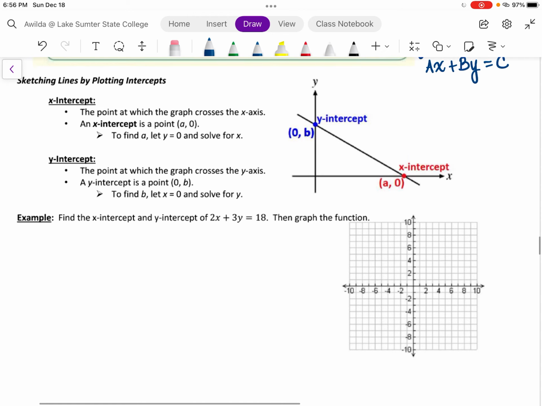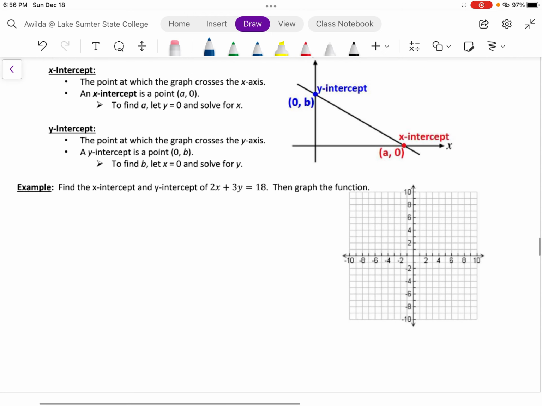So let's use the following example to practice finding the x and the y-intercepts of a line. The equation of the line is 2x plus 3y equals 18. First, let's find the x-intercept. So to find the x-intercept, we're going to let y equal 0.